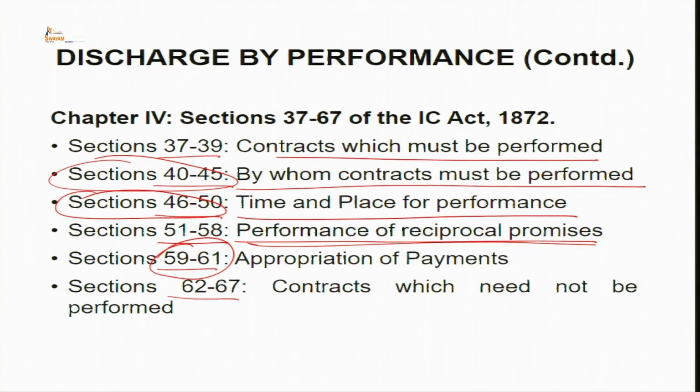Sections 59 to 61 talk about appropriation of payments. So, here for example, there are two parties, one party is the creditor, the other is a debtor. Say the debtor has taken three loans from the creditor, and on a particular designated date the debtor returns a particular sum of money.